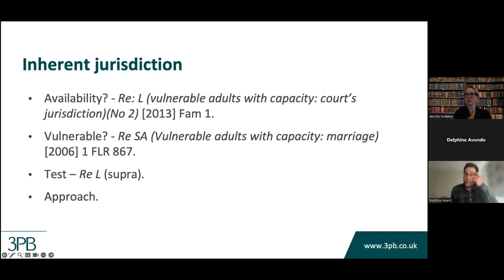And we went through the test in Re SA and considered whether she was under constraint, subject to coercion or undue influence, or for some other reason was deprived of her capacity to make a decision. And we decided that the third limb of that test was probably met. She wanted care and she was being prevented from having it because the carers were being prevented from accessing the home. So the first limb was met.